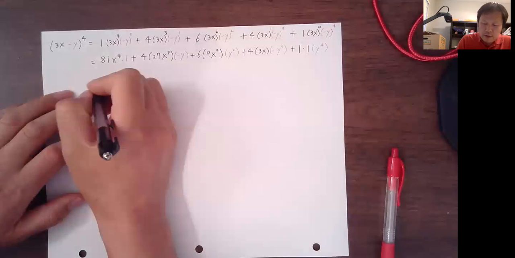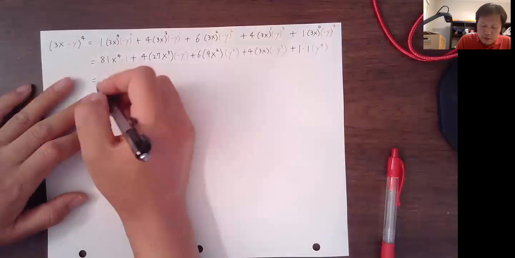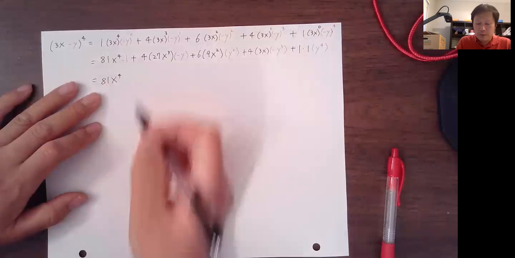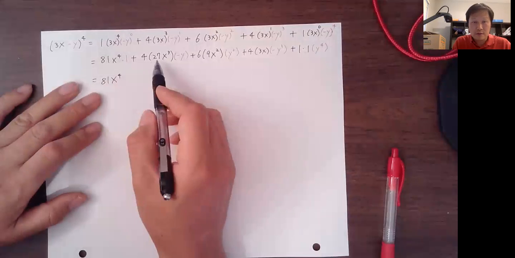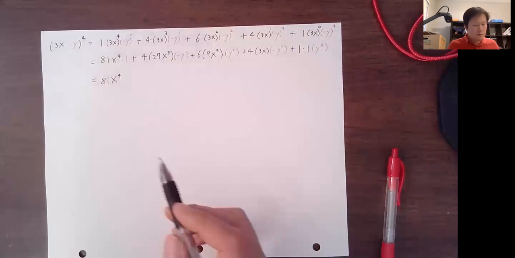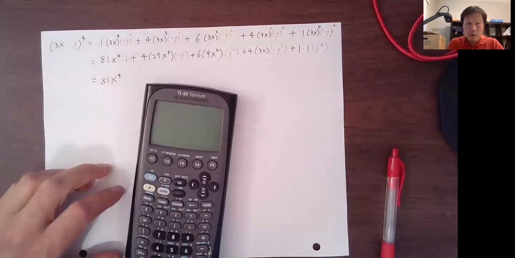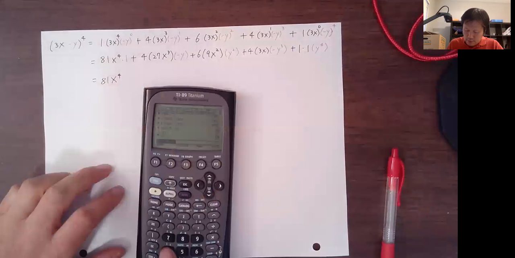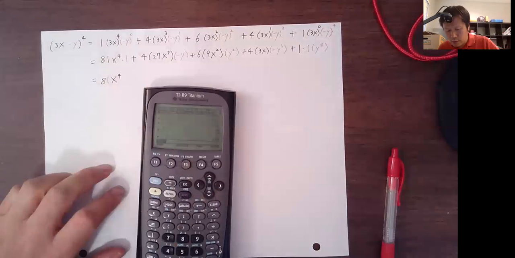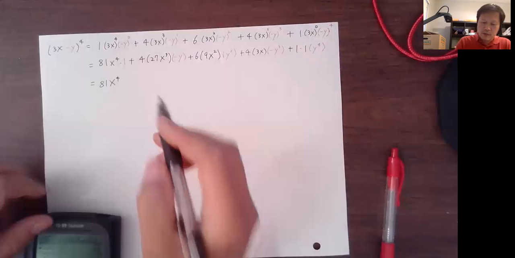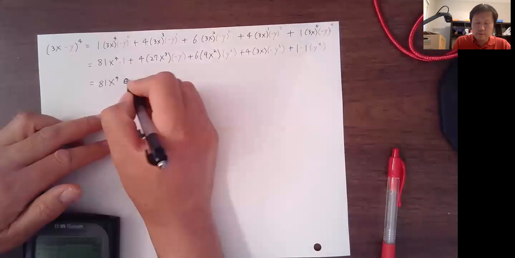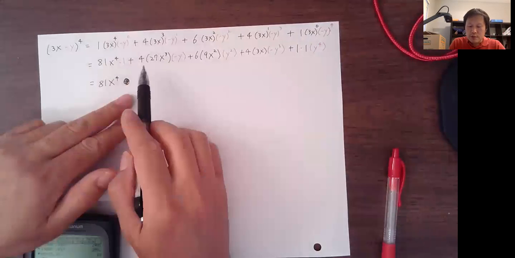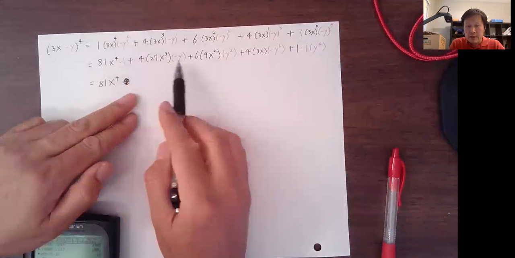Okay. 81 x to the fourth power, multiplying by 1 doesn't do much. Okay, 4 times 27, I'm going to use a calculator. 4 times 27 is 108. Plus, whoa, do you see it's a plus 4 times minus 1 here?